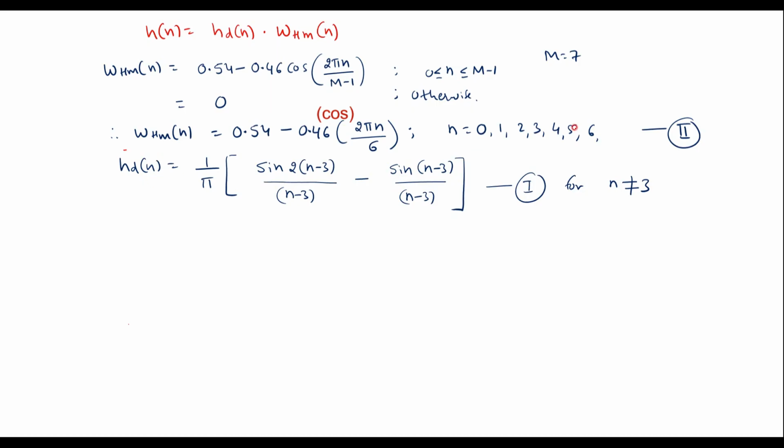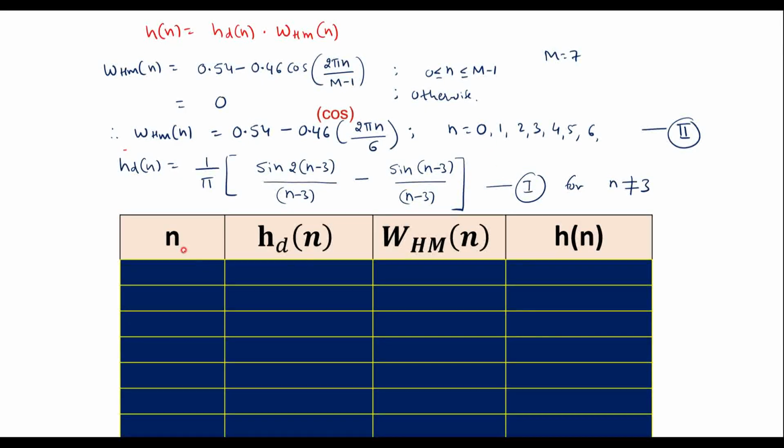By multiplying equation 1 and 2 we will get h of n. So let's calculate h of n by taking different values of n from 0 to 6. Let me consider this table. The first column represents n value, that is n varies from 0, 1, 2, 3, 4, 5 and 6.